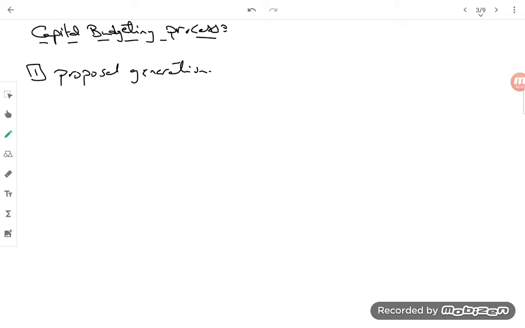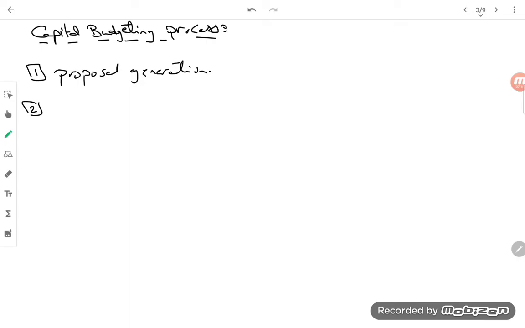In case of proposal generation, you have to prepare a proposal for each new investment project. And these proposals are going to be reviewed by finance person. Okay, so this is number 1. We have to prepare a proposal for each investment project and review each one of them.